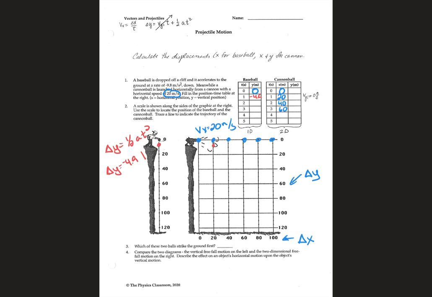And then after 2 seconds, well, 2 seconds squared is 4. 4 times, can we just round that off? 4 times 5 is about 20. And then we would do 3 squared, 9 times 5. That's 45 meters, which is right about here.